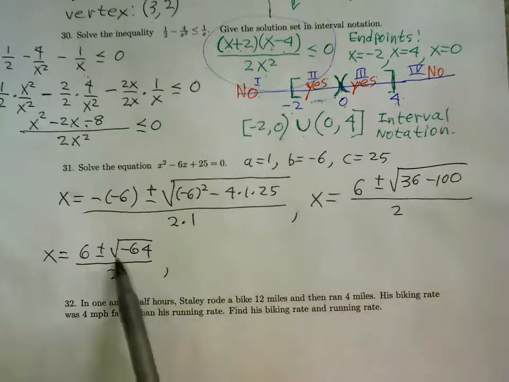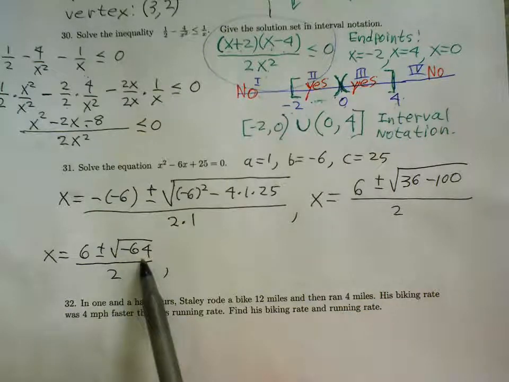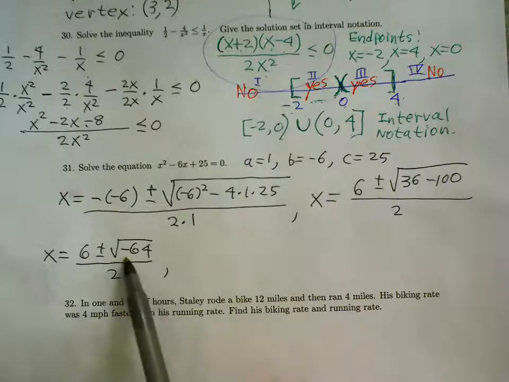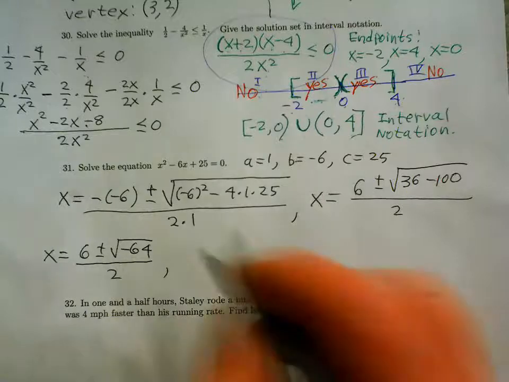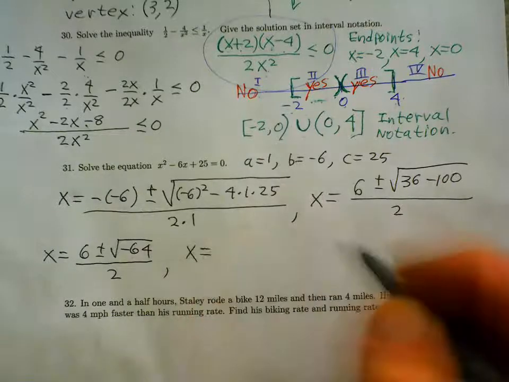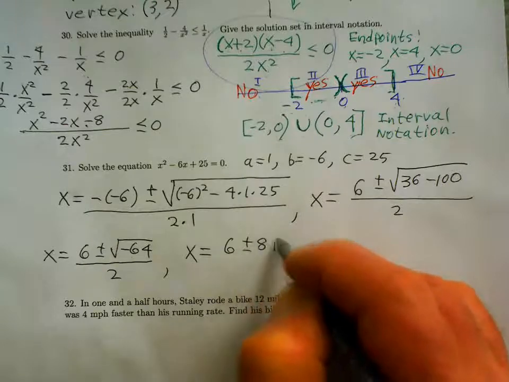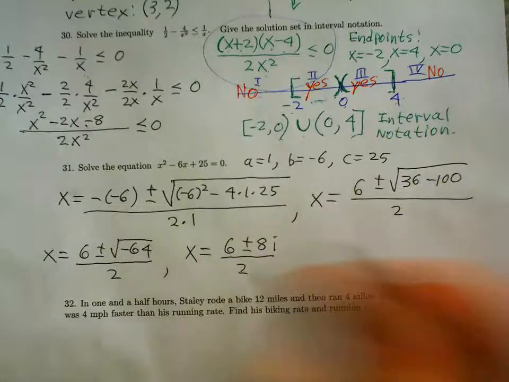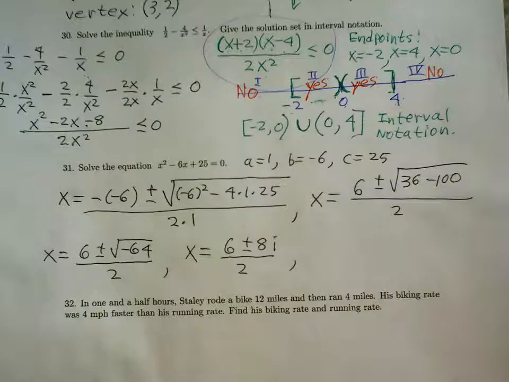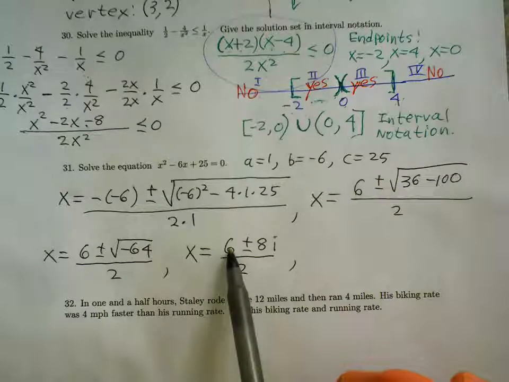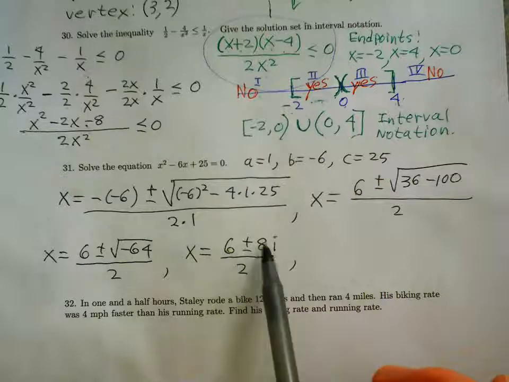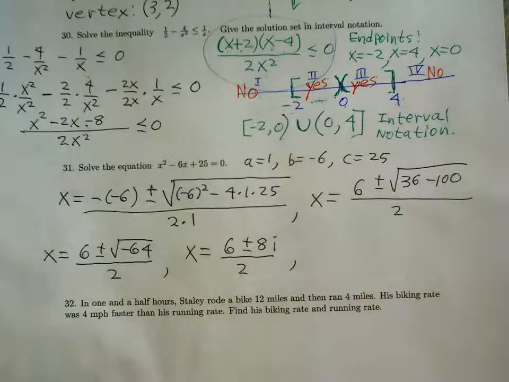The square root of -64 is 8i, 8 times i, because the square root of -1 is replaced with i. So x equals 6 plus and minus 8i divided by 2. 2 is a common factor of both terms in the numerator and the denominator.